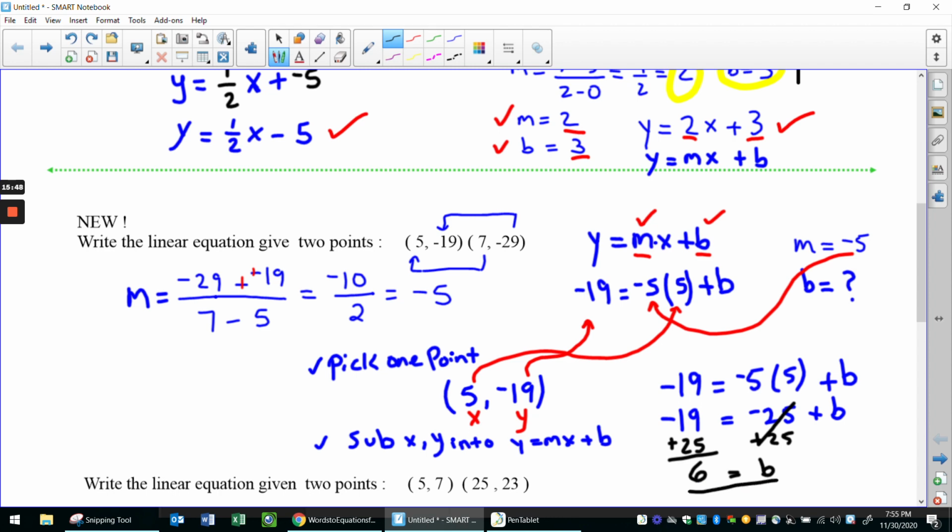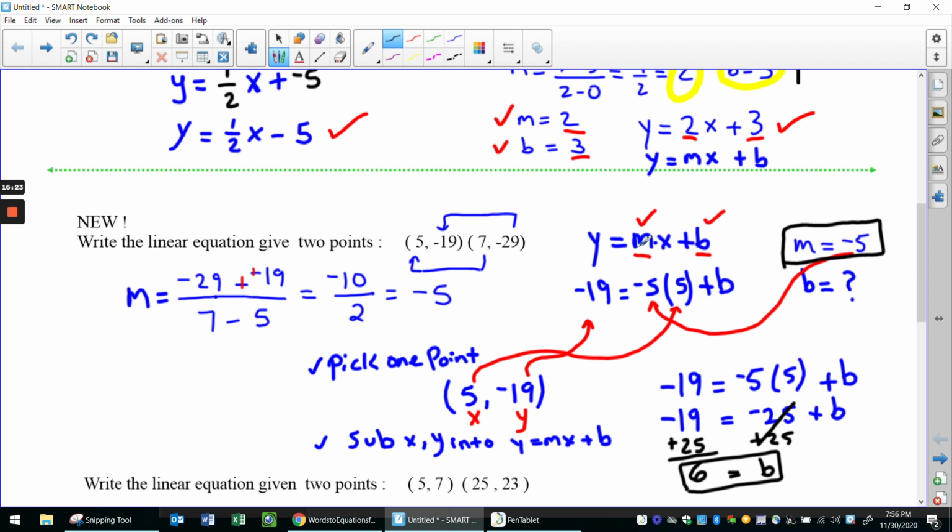So now we were able to solve for b. Okay? Now I have my slope that I already solved for before, and I solved for b by substituting one of the points for the x and y in my equation. So now I can go back and answer the question. And the question is, what's the equation? Our equation, remember, is always going to have just a number for the slope and the y-intercept.